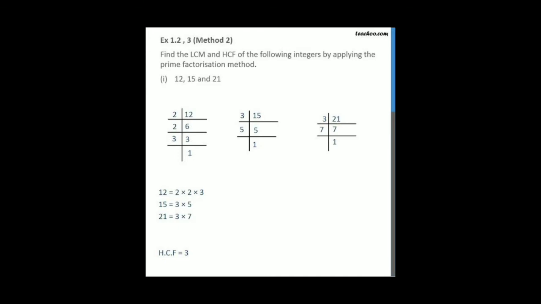I think you are writing 12, 24, 36, 48, etc. What are the multiples of 15? 15, 30, 45, 60, etc. Multiples of 21: 21, 42, 63, etc. If you cannot find a common multiple among the three sets of numbers, you continue until you get the common multiple. That will be the LCM.